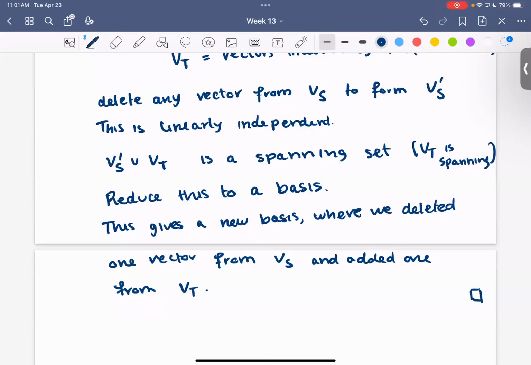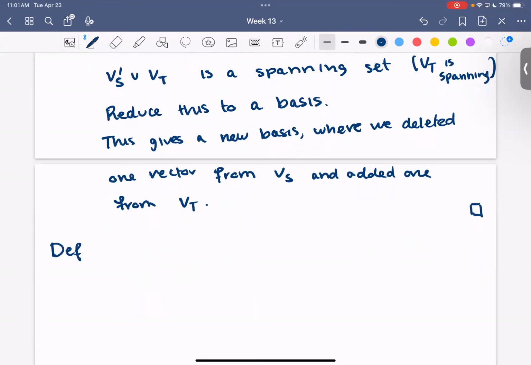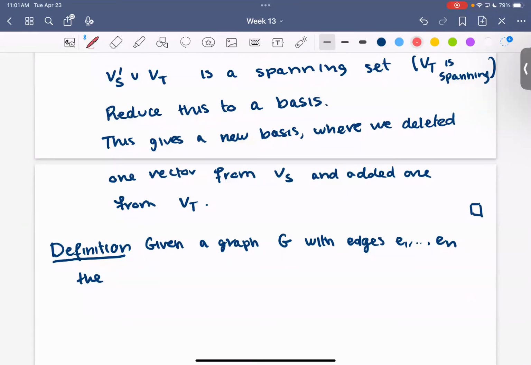Okay, so this is how we take vectors and get a matroid called a representable matroid. So now let's see how to take a graph and get a matroid. It'll be another definition. Given a graph G with edges E1 up to En, this is called a graphic matroid.